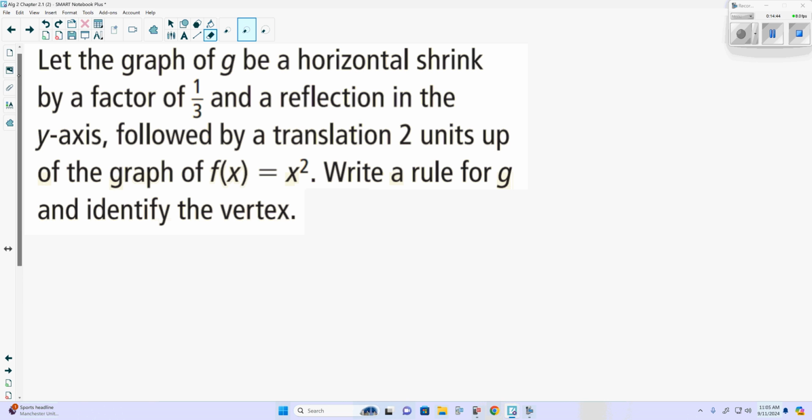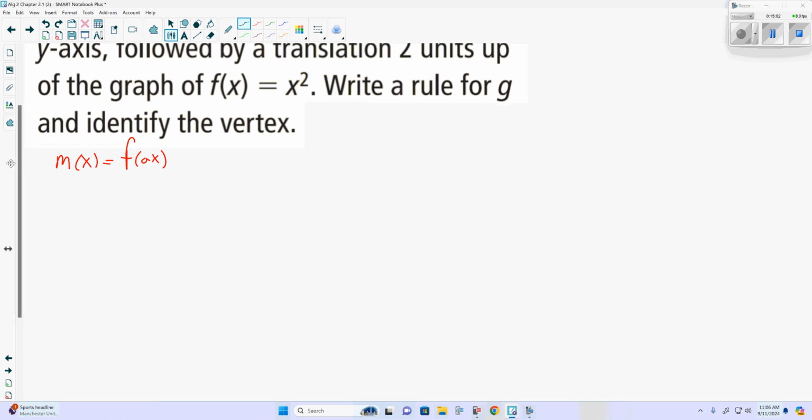This one here, let the graph G be a horizontal shrink by a factor of 1/3. So the first thing we want to do is apply this horizontal shrink by a factor of 1/3. I'm going to call it m of x is equal to f of a times x, because f of a times x is our horizontal stretch or shrink.